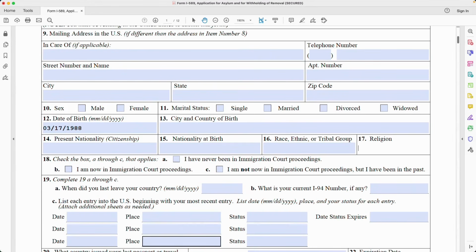Question 18 asks if you have had a case in immigration court. Select the box that applies to your situation. If you have never had a case in immigration court, you can check this first box, A. If you have a case in immigration court right now, you can check B. And if you had a case in immigration court in the past, but the judge completely closed your case, you can check C here.